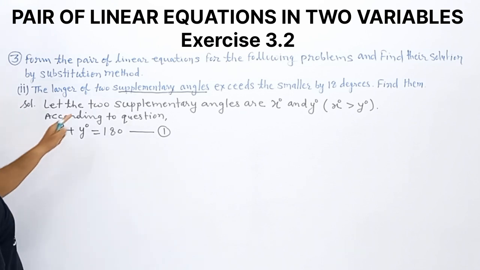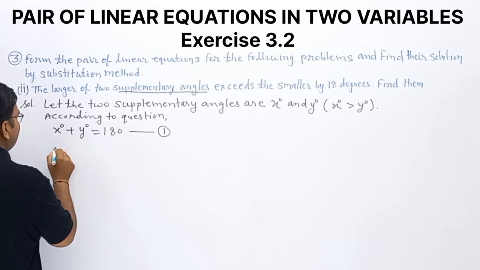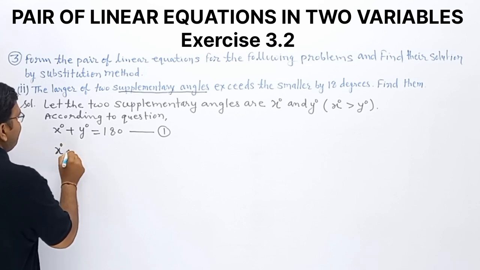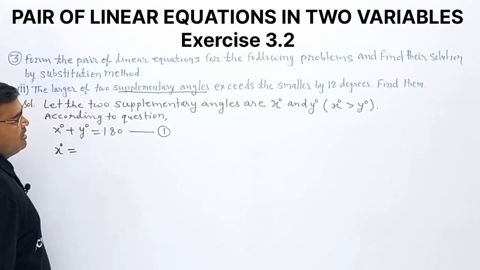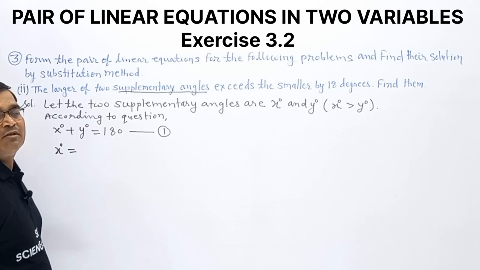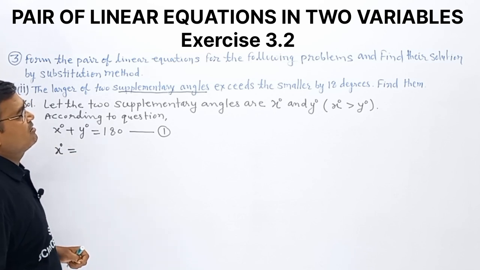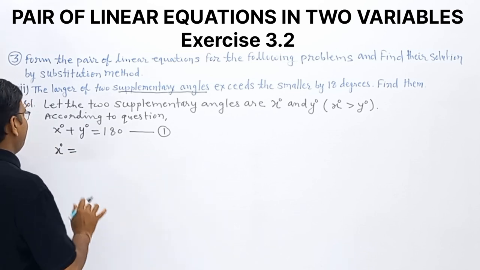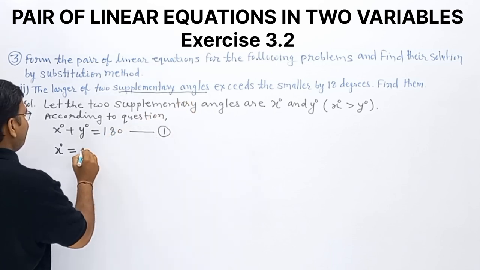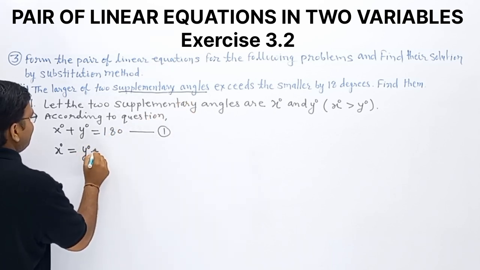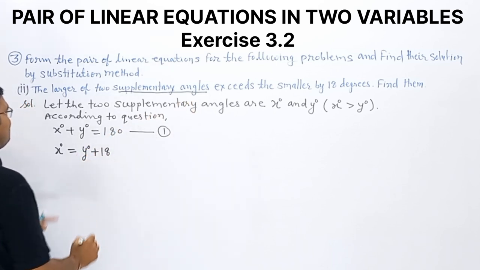Larger, x degree is large compared to y degree. So the larger one exceeded the smaller. Exceed means more. Exceeds the smaller by 18 degree. It means smaller, y degree, by 18 degree. This is the situation.